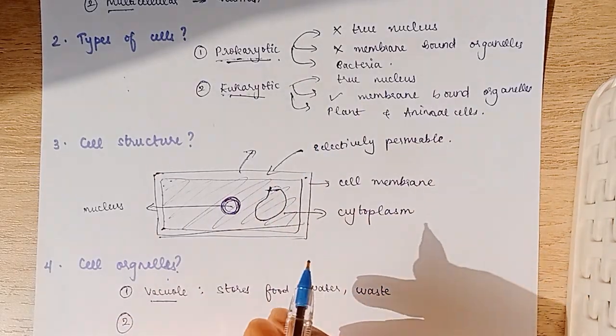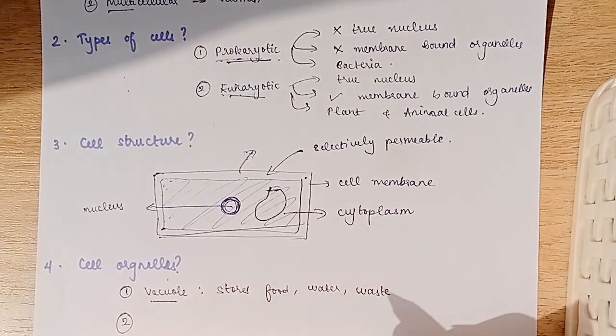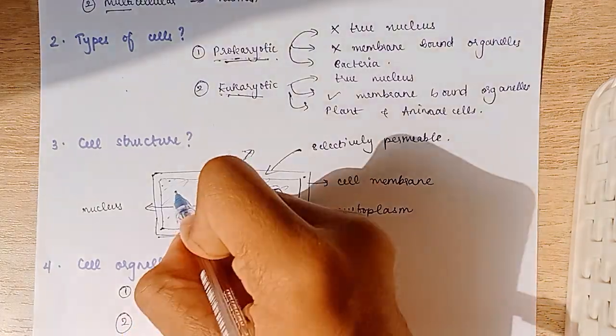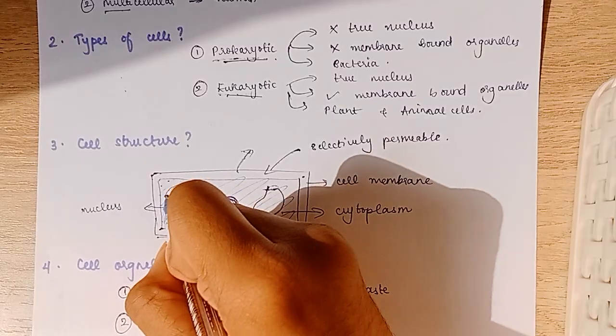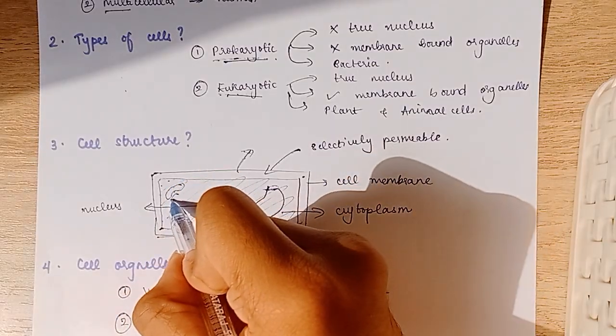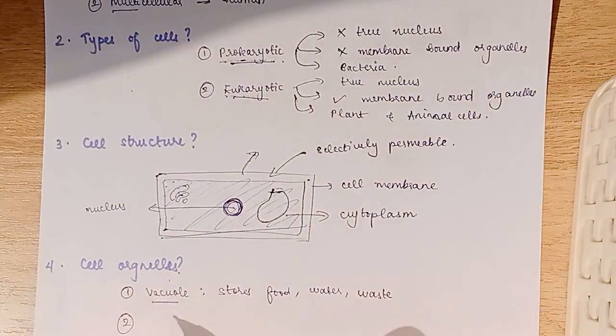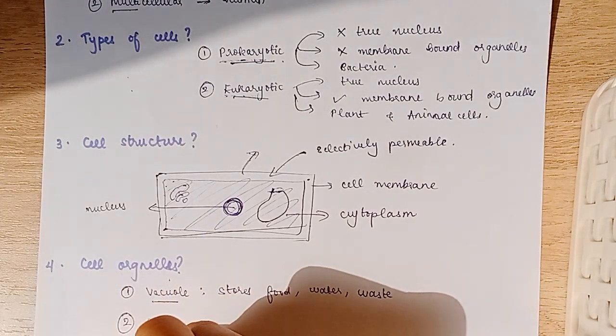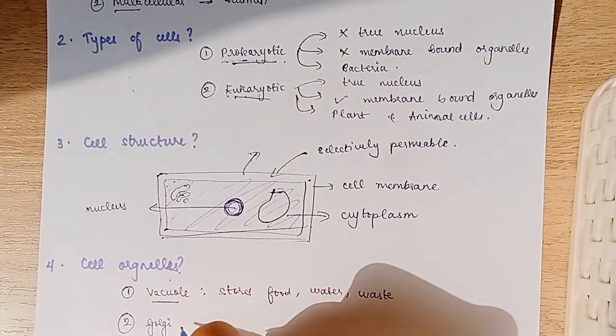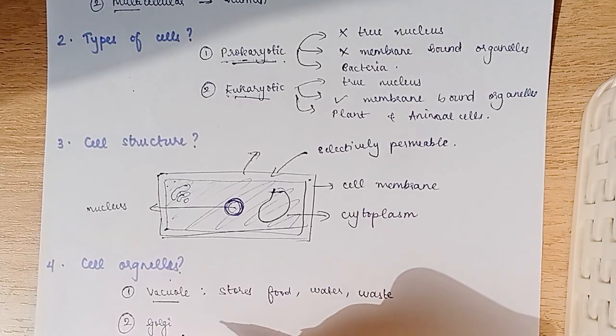Now, the next structure, let's see, Golgi apparatus. This is how we draw the Golgi apparatus, like this, and then like this. Or we also call this the Golgi complex.